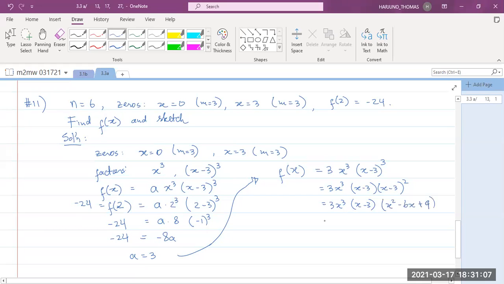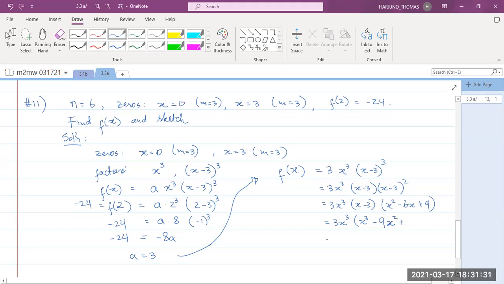That's 3x cubed times x cubed, minus 6 minus 3, that's minus 9x squared. How about x? 9 plus 18, that's 27x minus 27.